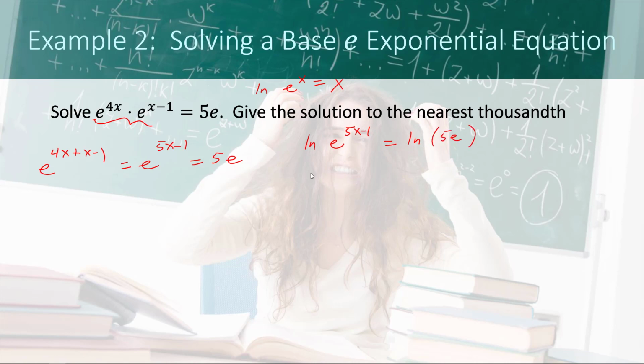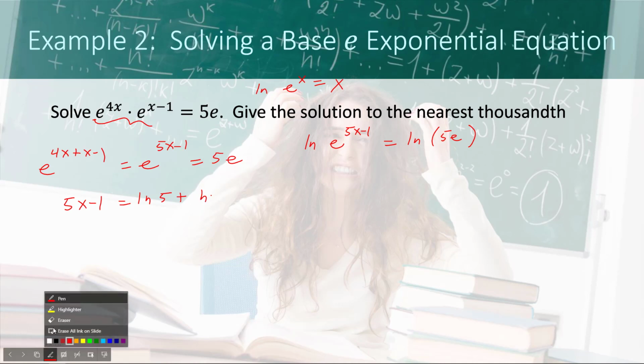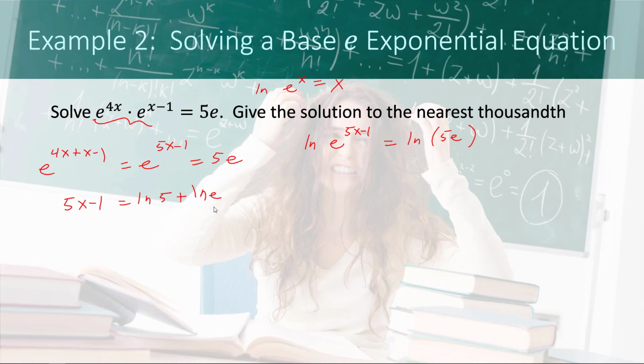Well, the natural log of e to the 5x minus 1 is just 5x minus 1. The natural log of 5e can be written as the natural log of 5 plus the natural log of e. Of course, the natural log of e is 1, so this can also be written as the natural log of 5 plus 1.